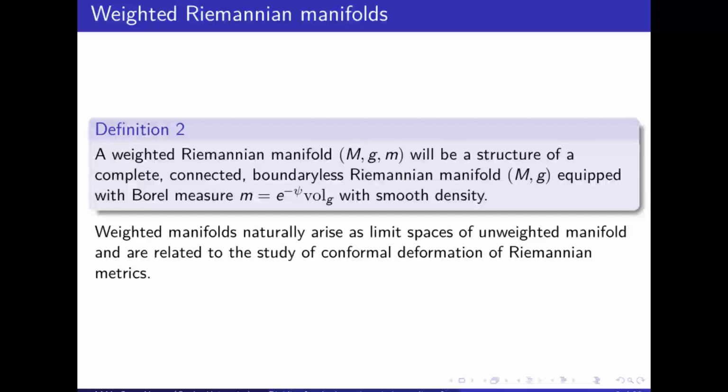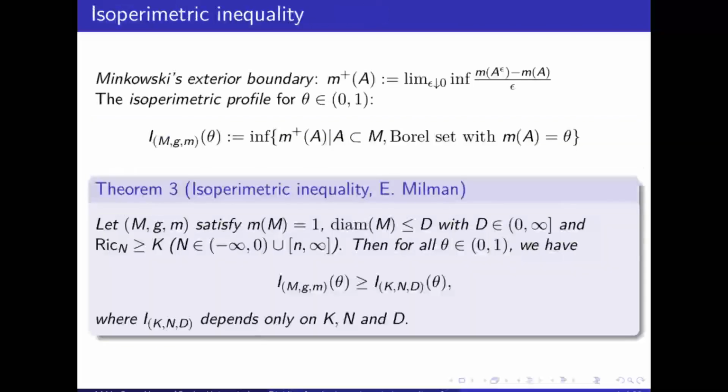And in weighted Riemannian manifolds, I study the isoperimetric inequalities. The isoperimetric inequality in weighted manifolds estimates the Minkowski exterior boundary and the volume with respect to the density. We define the perimeter of a set as the Minkowski exterior boundary, and the isoperimetric profile at a volume parameter theta is the infimum of the Minkowski boundary among the Borel sets of fixed volume.